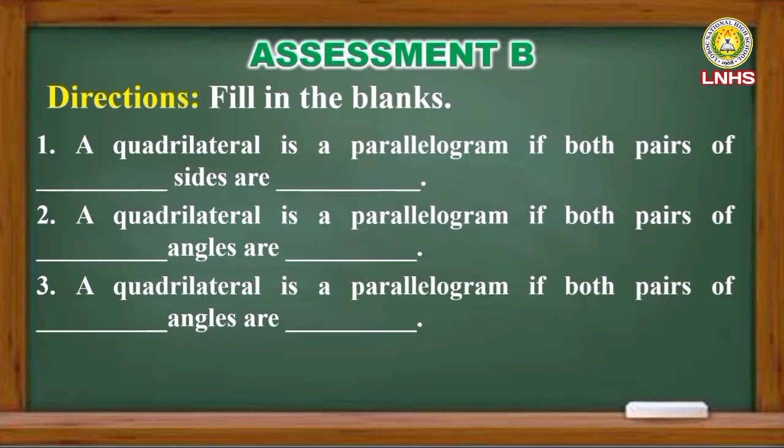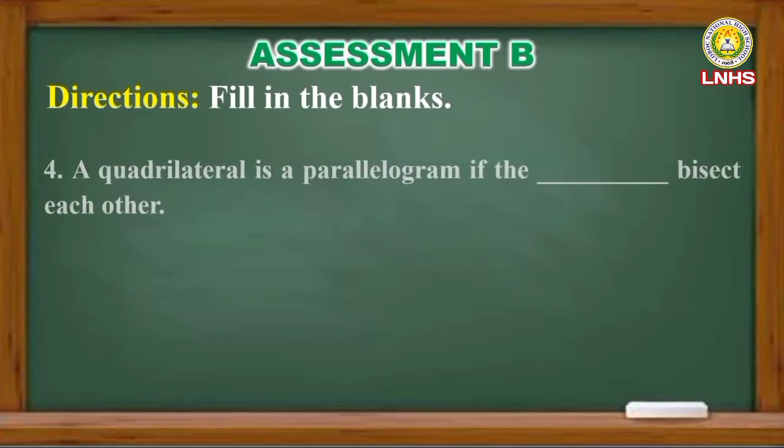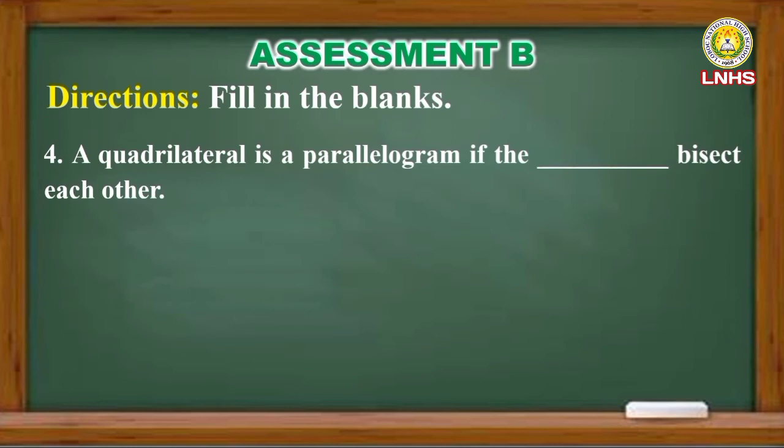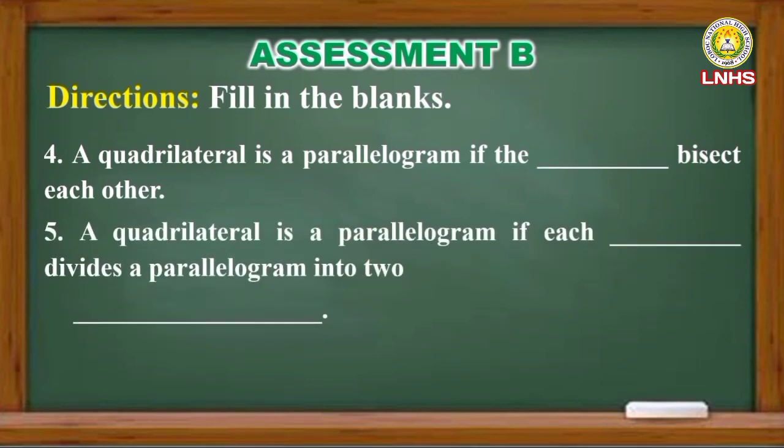A quadrilateral is a parallelogram if both pairs of blank angles are blank. Number 4. A quadrilateral is a parallelogram if the blank bisect each other. Number 5. A quadrilateral is a parallelogram if each blank divides a parallelogram into two blanks.